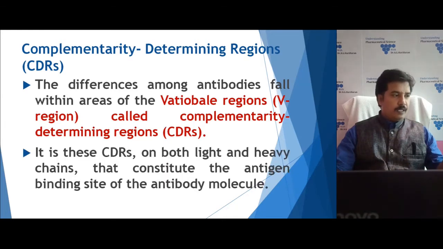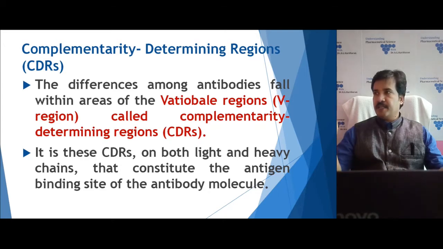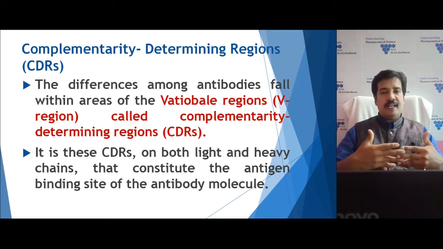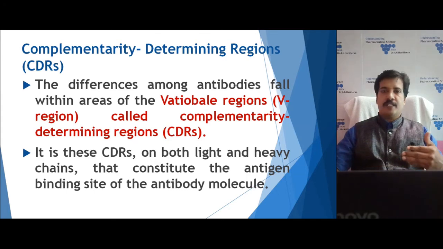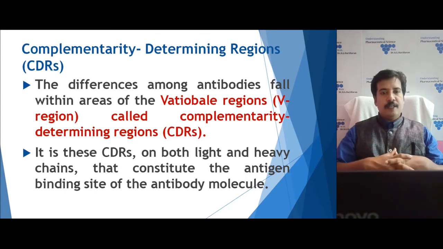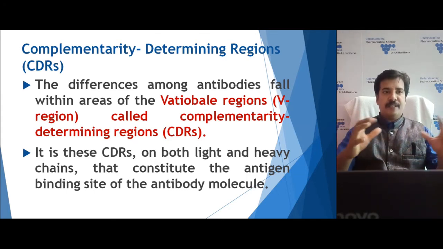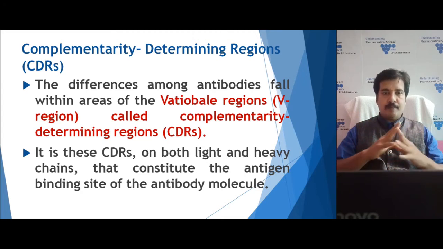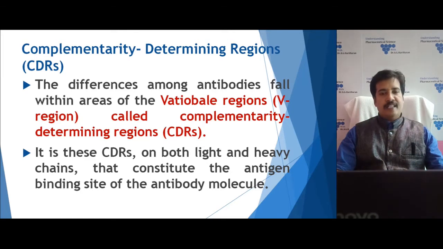The amino acid sequence of the variable region of the antibody will be complementary to the epitope of the antigen, so it can easily bind and interact, and successful elimination of the antigen can happen. These complementarity determining regions are present in the variable regions of both the light and heavy chains, and they constitute the antigen binding site of the antibody molecule.